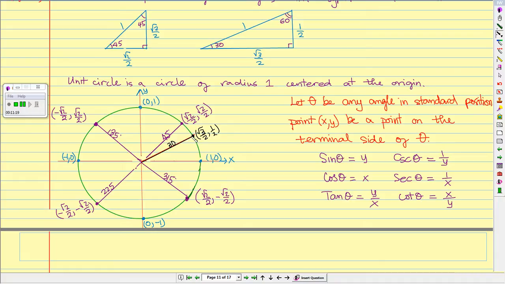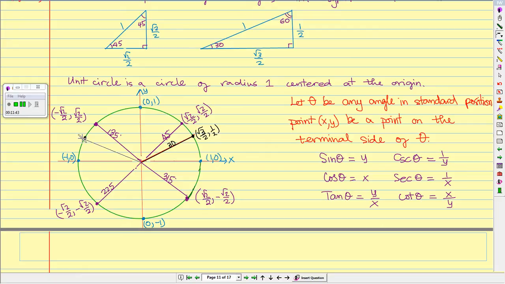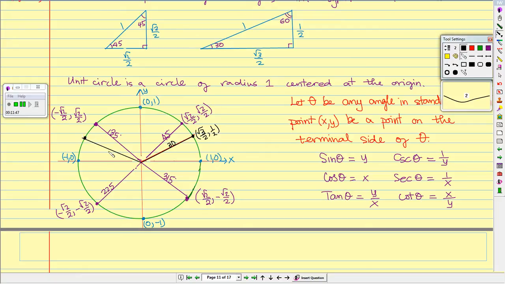Now next we are going to take this point and reflect across the y-axis. And now we sketch the terminal side for this point and label the angle.